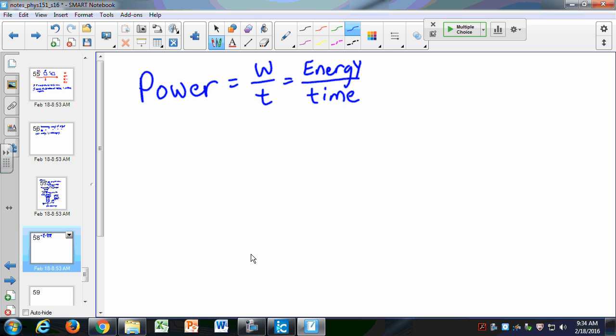It's measured in what? Watts. So the unit is the watt. 1 watt is equal to 1 joule per second. So our power is this. The unit is watts, and a watt is equal to a joule per second.